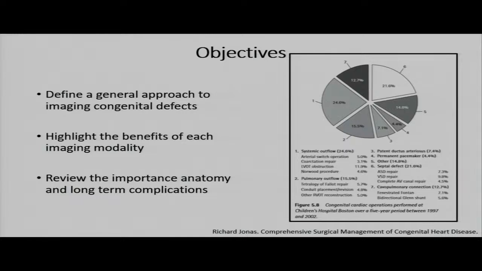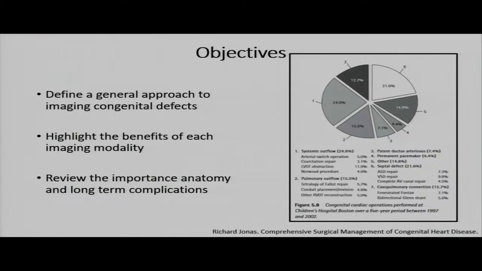As we've done with all the lectures so far, we will focus on this specific congenital defect, but at the same time we will review a general approach. We'll use this as an example to think about others.